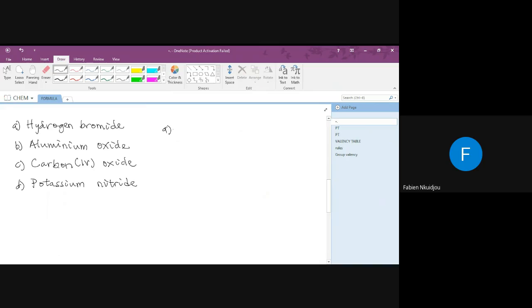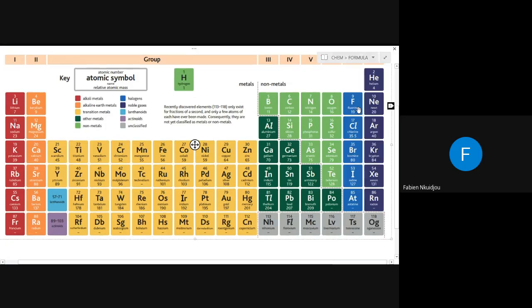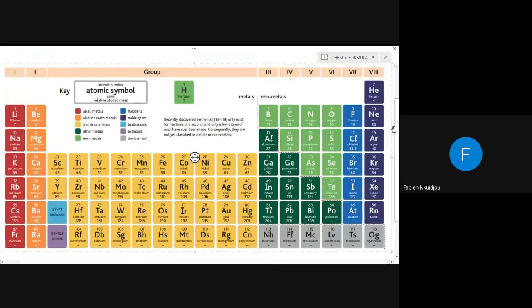We can see we have 2 elements, hydrogen and bromine. So let's get to the periodic table to get the symbol of each of the elements. Here we have hydrogen and we have bromine. Bromine is in group 7 of the periodic table.